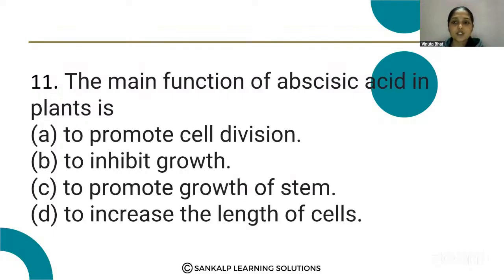The main function of abscisic acid in plants is, what is the main function of the abscisic acid in plant? To promote the cell division, to inhibit the plant growth, to promote the growth of stem, to increase the length of cells. So what is the correct answer for this question?